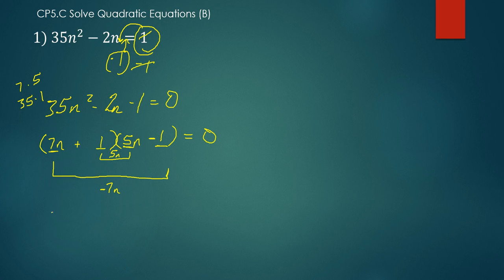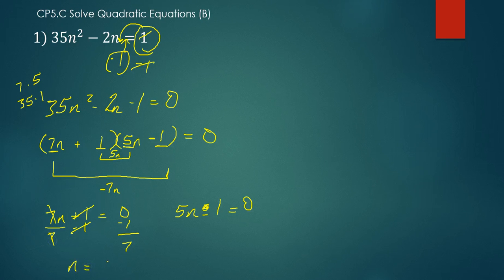Now, the last step in the quadratic is setting each one of these factors equal to 0 and solving. And so I need to subtract 1 from both sides. I need to divide by 7. And I've got n equals -1 over 7.